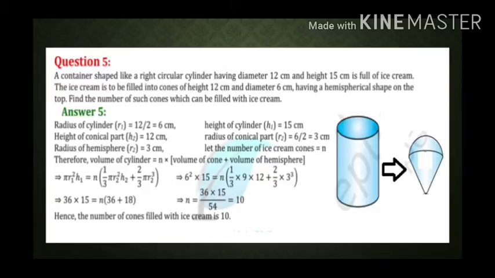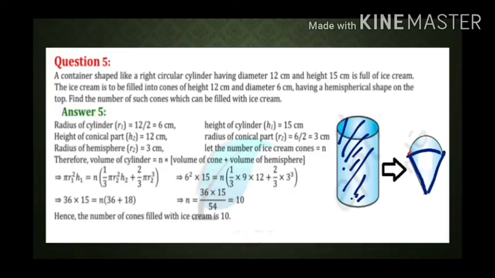Find the number of such cones which can be filled with the ice cream. Okay. Now this cylindrical container is filled with ice cream. Now you have to transfer the ice cream from this container to a cone, where the height of the cone is given as 12 cm and diameter is given as 6 cm.